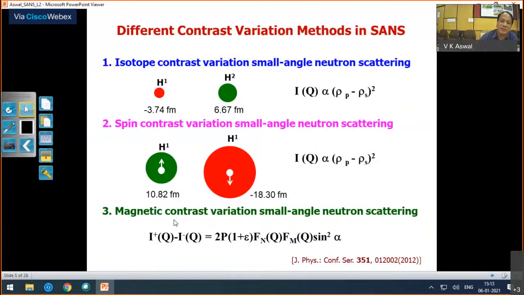Polarized neutron means you can measure scattering for two states, plus and minus, or up and down. In that case, your magnetic contribution gets multiplied by the nuclear contribution when you measure the difference of the scattering intensity for plus and minus. So if you have a weak magnetic contribution, which is the case most of the time, it gets multiplied by the strong contribution from the nuclear part. When you multiply a small number by a large number, you can enhance it.